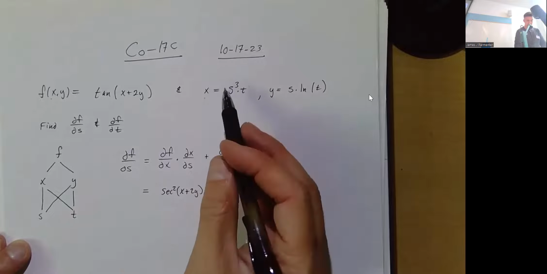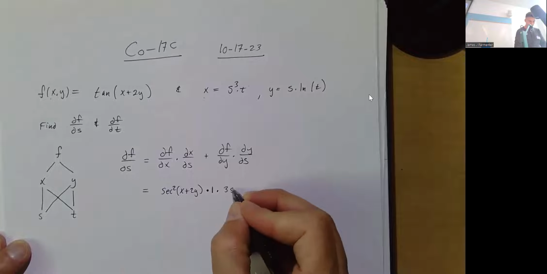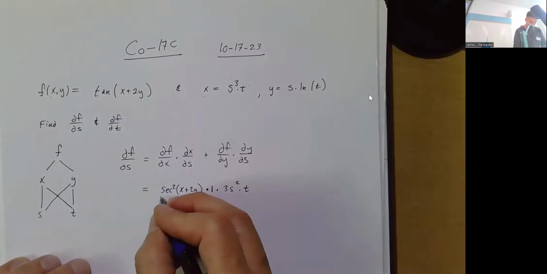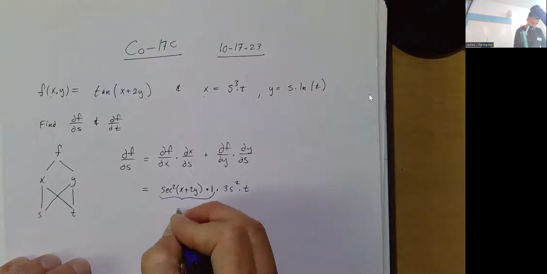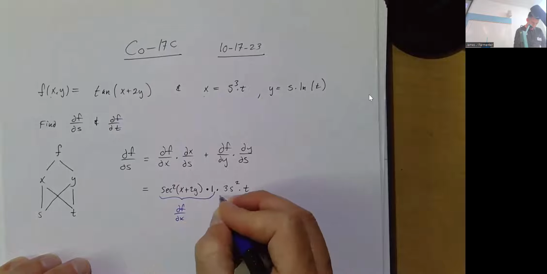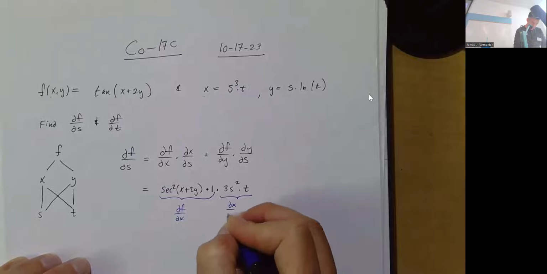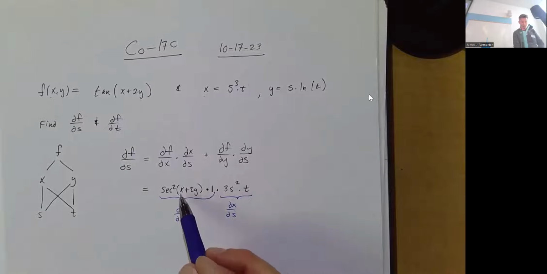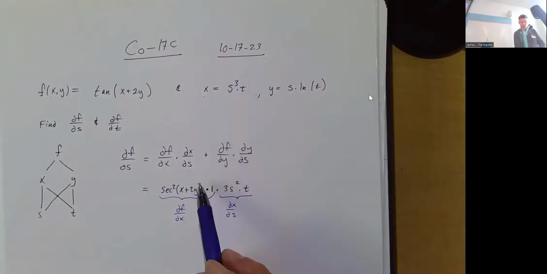The del x del s is going to be 3s squared times t. So there's our del f del x, there's our del x del s. Sorry, I got a little carried away with the chain rule there and started thinking of the derivative of the inside as the derivative of this part here, but that's over here.